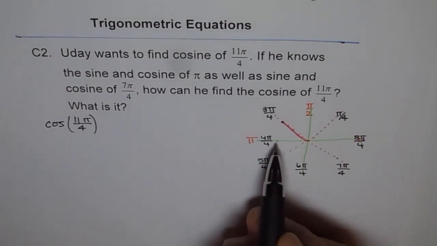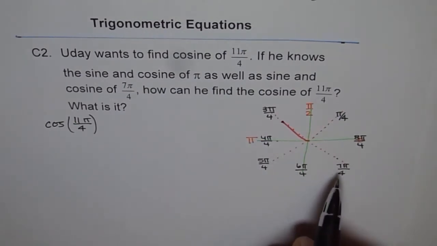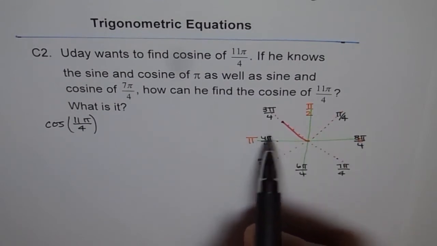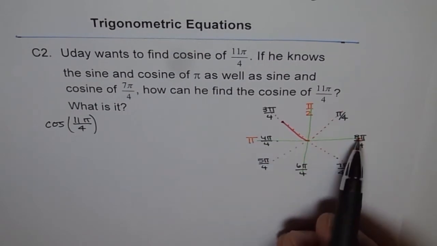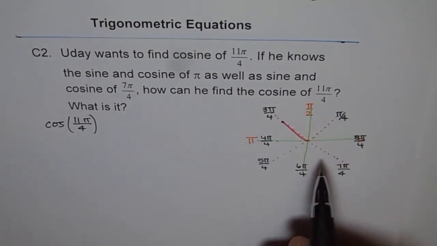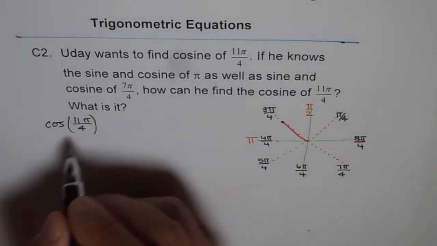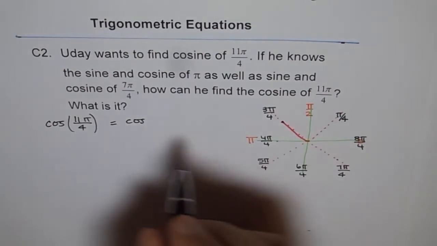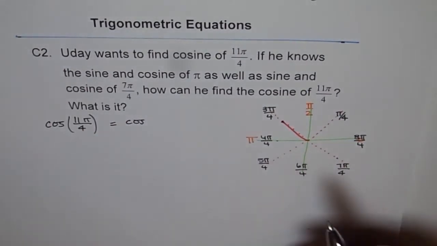So pi could be written as 4 pi by 4, right? When you're doing fractions, it is important to have a common denominator. So instead of just calling them pi, pi by 2, 2 pi, we can call them 4 pi by 4, 8 pi by 4. So you can see from here that 11 pi by 4 could be written as cos of 7 pi by 4 plus 4 pi by 4. Is that okay?